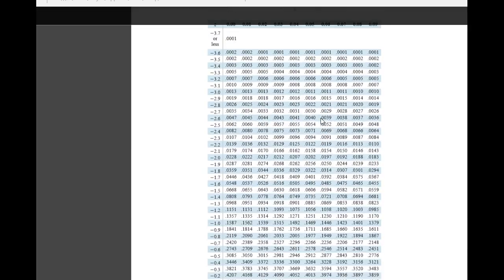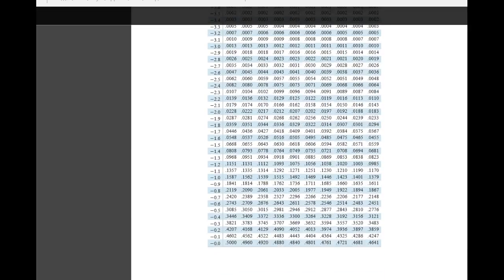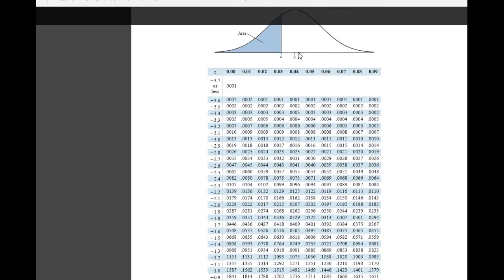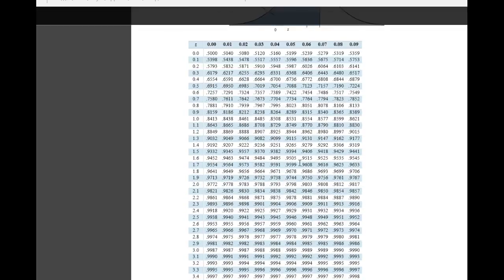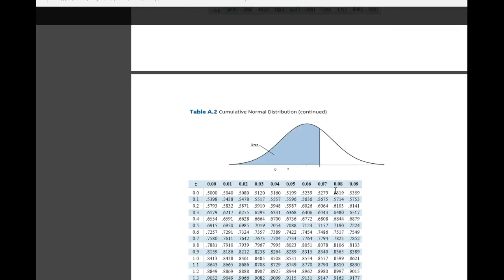And you'll also notice that these numbers all have a probability or area of 0.5 or less, because they are half the curve or less. These are all 0.5 or larger. That's because they all have this half plus some more.